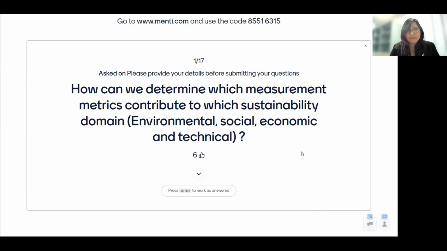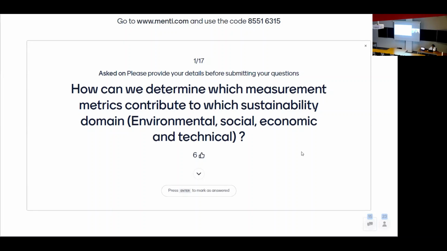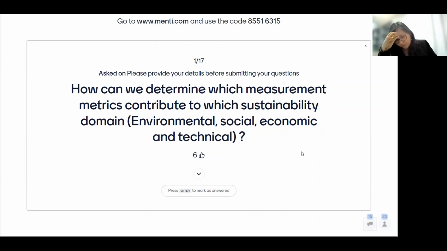The next one is how can we determine which measurement metrics contribute to which sustainability domain? For that, I think the answer is related to the GQM graph. I hope that building the GQM graph helps you in identifying which metrics. The GQM graph comes from the questions you are formulating, and some of these questions are related to the attributes.